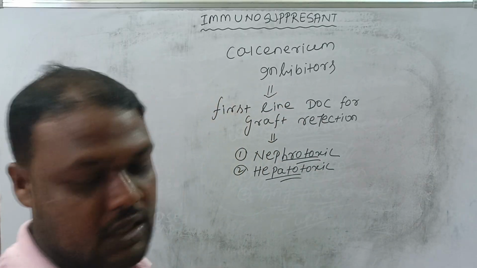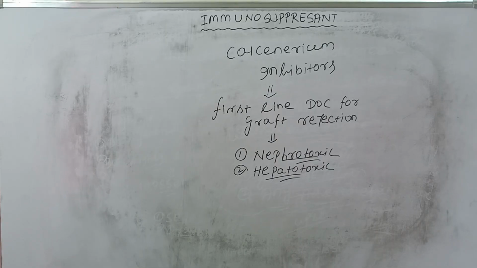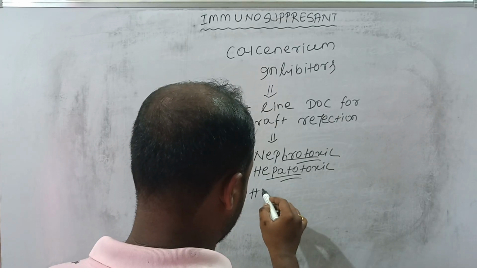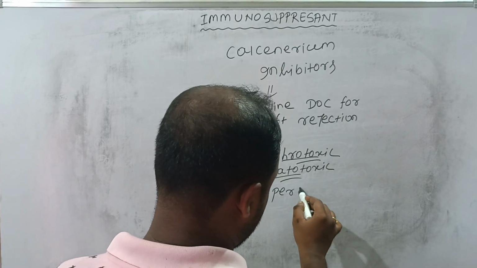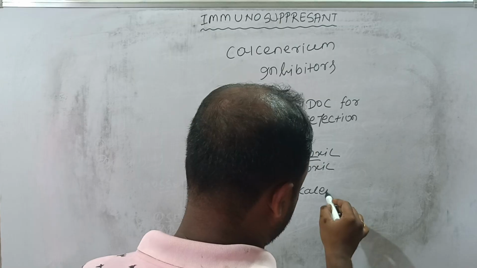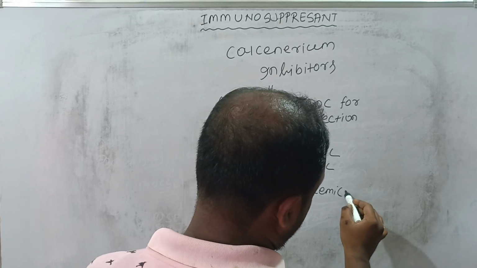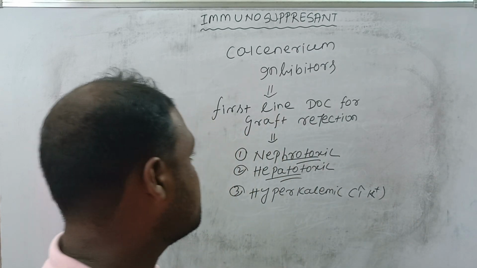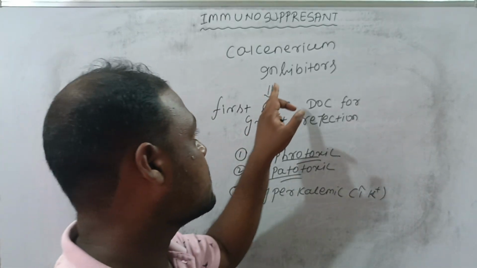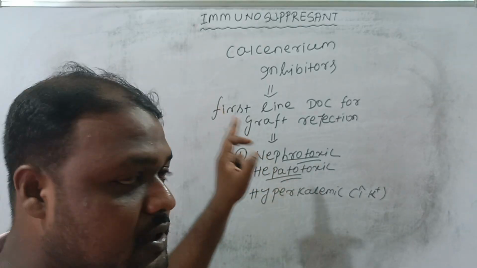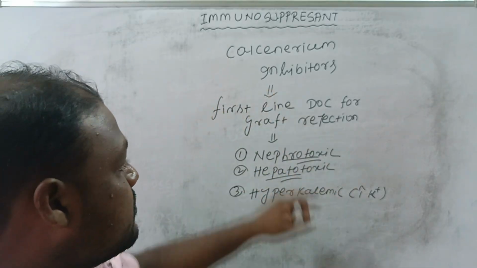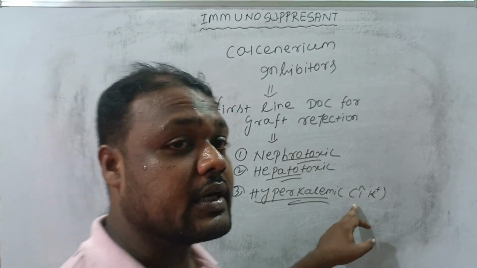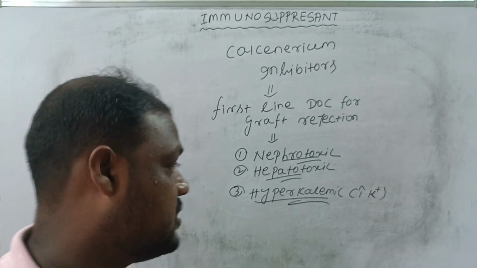Second one is hepatotoxic. Third one is hyperkalemic. Hyperkalemic means increased potassium level.